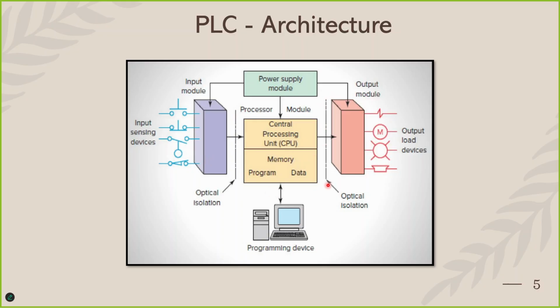And when the PLC processes whatever it wants to process, it also gives an output to output load devices. In this case, it could be a resistor, a motor, a light, an alarm, whatever. It could be any of these.